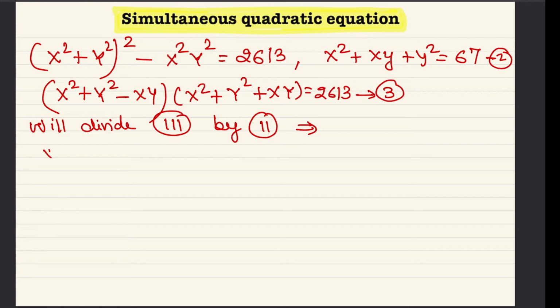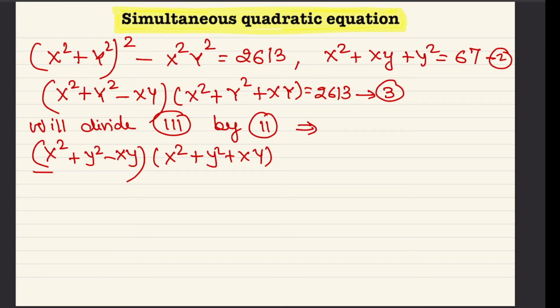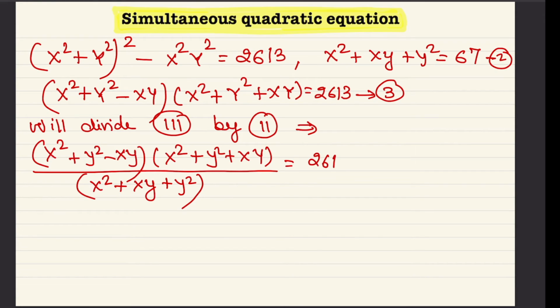So (x square plus y square minus xy) (x square plus y square plus xy) divided by (x square plus xy plus y square) will give you 2613 upon 67.